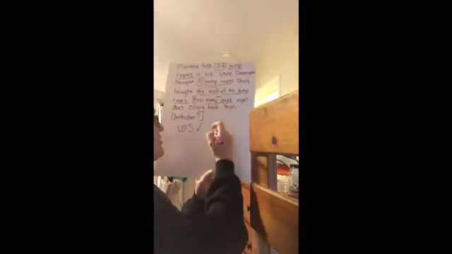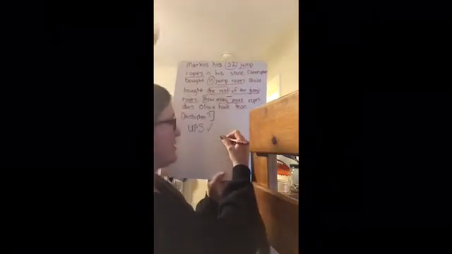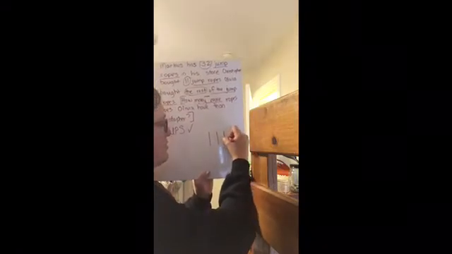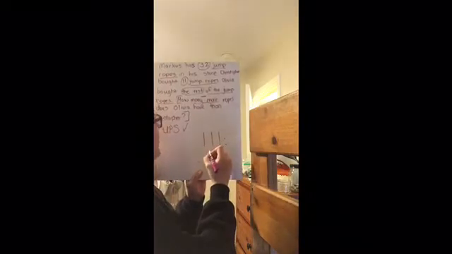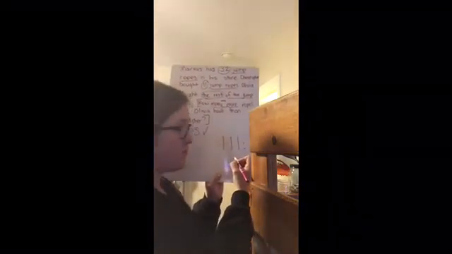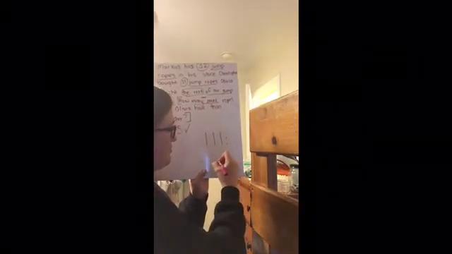Okay, so I could also think about jump ropes with base 10 blocks, and I could have 32. Remember, this is base 10 blocks, and then I need to take away 11 of those. So if I took away 11, that would be the number 11.